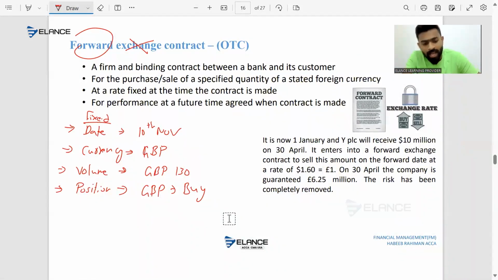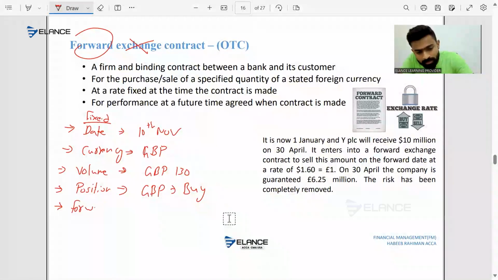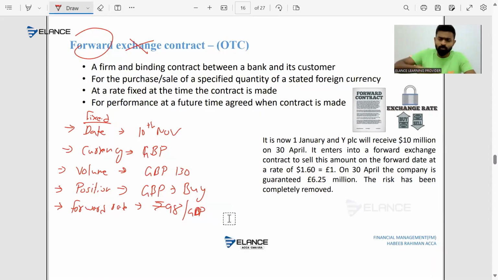And we are fixing one more thing, the forward rate. Assume it is 98 rupees per GBP, not dollar, my mistake. This is not today's rate. This is the rate that we fix.